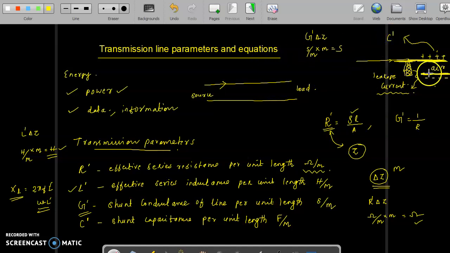So the total capacitance of the network is C dash into delta Z. C dash is farad per meter and delta Z is meter. So the total capacitance is F. Now we are taking all these four transmission line parameters into our network model, and let's see how our network model looks like and how they are connected to each other.